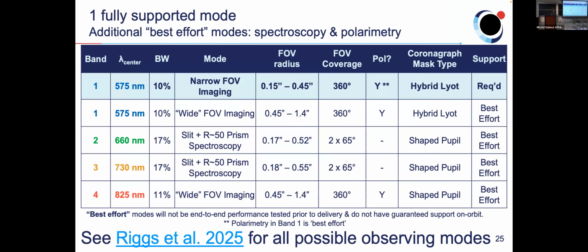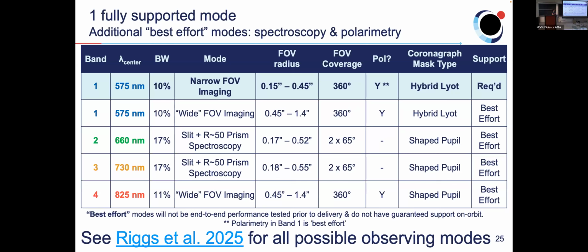Being a technology demonstrator rather than a science instrument is a little bit different flavor than folks may be used to in dealing with NIRCam on JWST or STIS on HST. We have only one required observing mode, which is a 575 nanometer centered bandpass with narrow field of view imaging. But then there are a few extra capabilities built into the hardware that aren't officially fully supported.